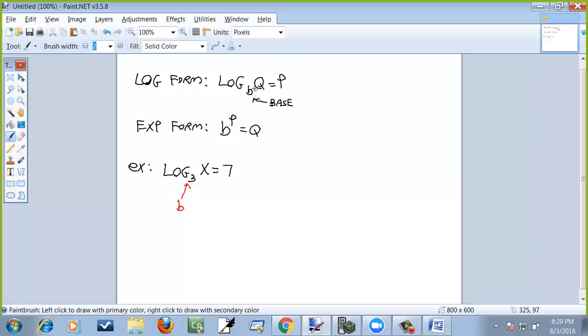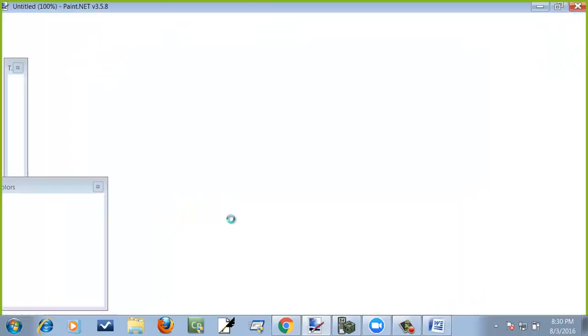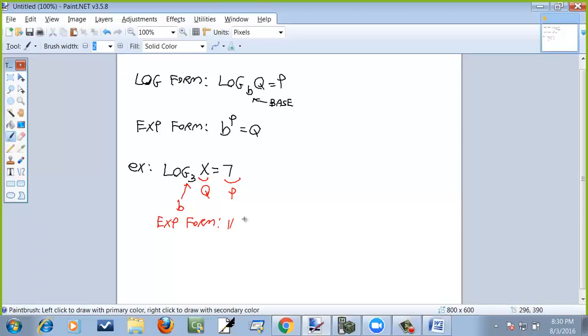And then what follows that is your q, so the x is our q. And then the other side of the equals is our p. And our exponential form is b to the p is equal to q.